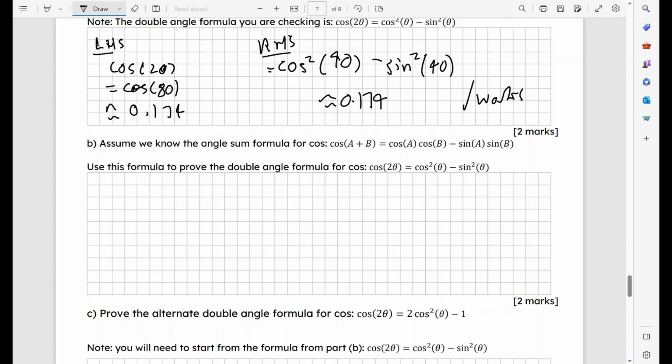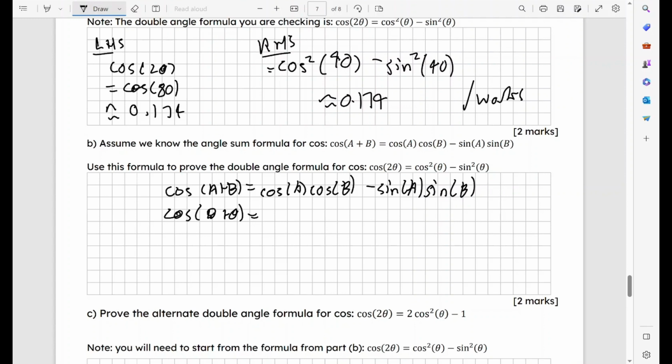Next thing we're going to be doing is proving our double angle formula for cos. So we're going to start from our sort of addition formula there. So we're going to be doing cos of A plus B equals cos of A, cos of B, take sine of A, sine of B. So that's going to be cos of theta plus theta. So we're going to set A and B to theta.